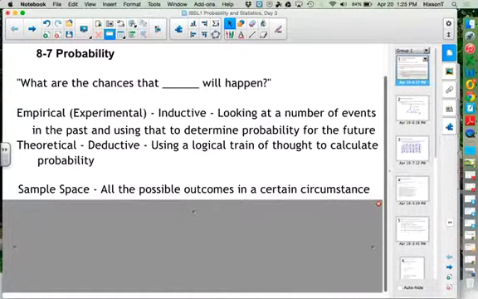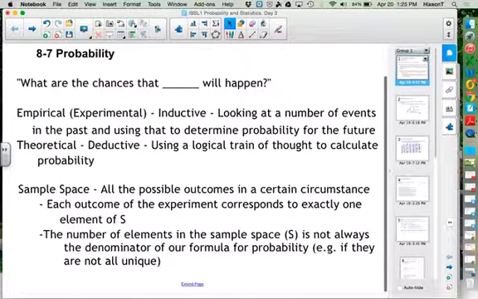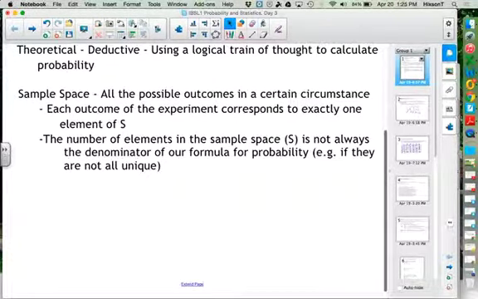The last thing I want to look at is the concept of sample space, and we're going to spend a good amount of time talking about this. A sample space in an experiment, which an experiment is just a situation that we're working with probabilities in, doesn't have to be a scientific experiment. Okay, but the sample space is all the possible outcomes in a certain circumstance or in an experiment. Okay?